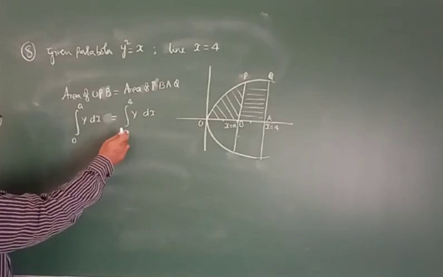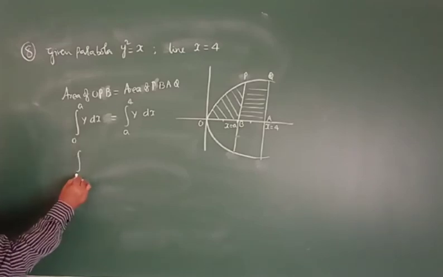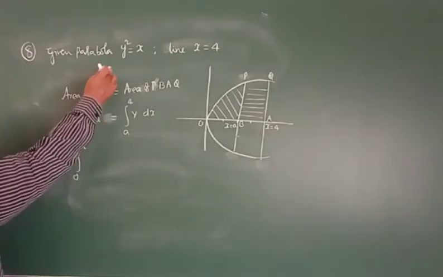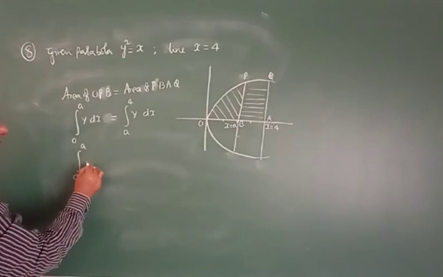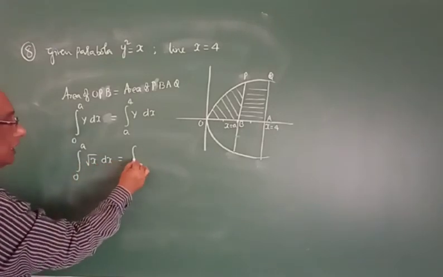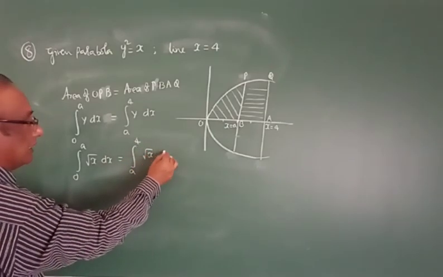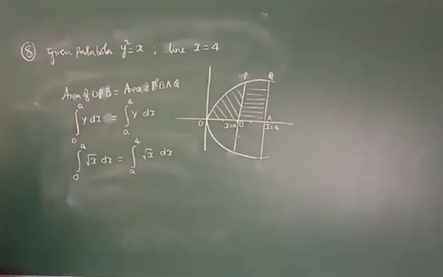A value also x value, 4 also x value. So now 0 to a, what is the y value in the curve? Root x into dx is equal to a to 4 root x into dx. Now find the area.